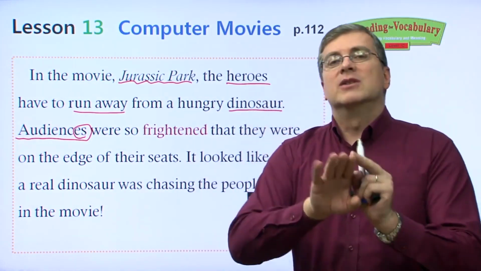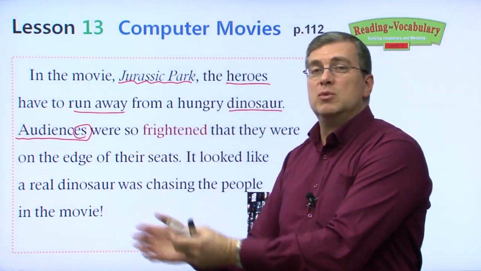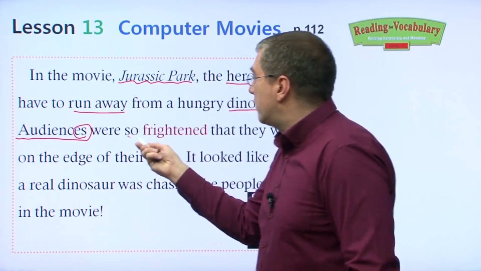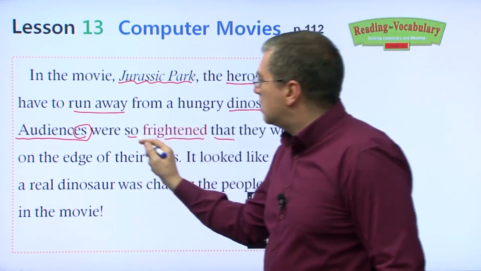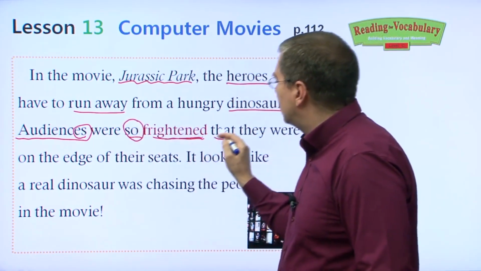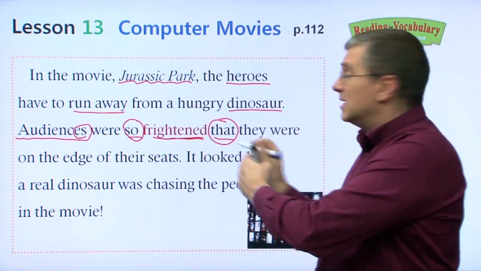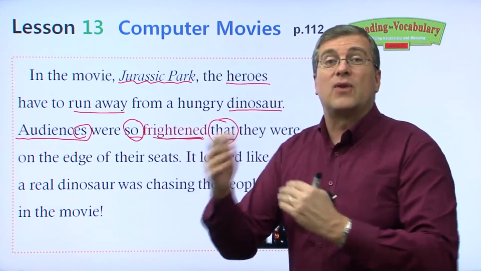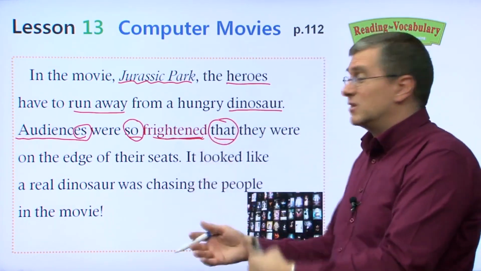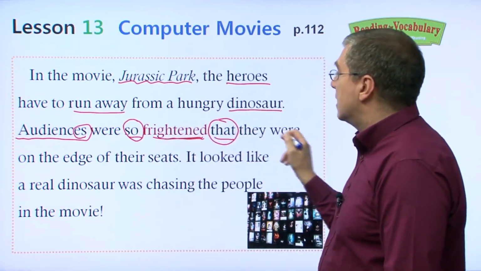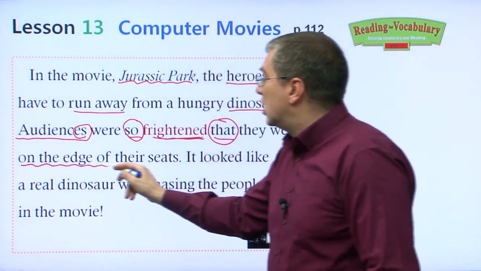Audience is a team. So the audiences in all these movie theaters were so frightened that, remember, you use so, adjective, that. So frightened, that's the cause. What's the result? They were so frightened that they were on the edge of their seats.